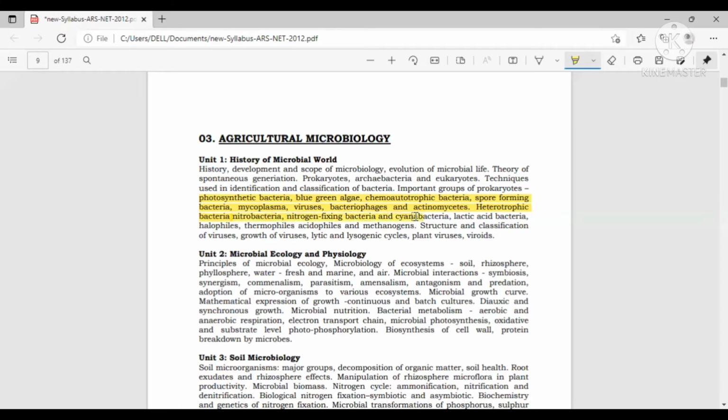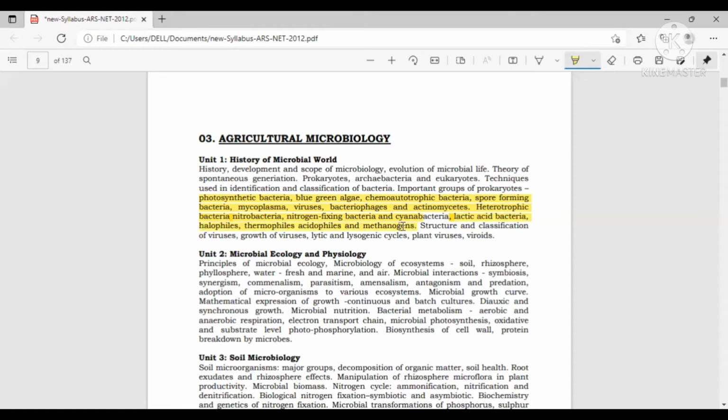Anyway, we are going to study nitrogen fixation and the nitrogen cycle in some other module, but keep in mind that nitrogen fixation, the nitrogen cycle and nitrogen fixing bacteria are very relevant in the ICAR ARS NET examination. So you study the general features of all these groups of microorganisms.